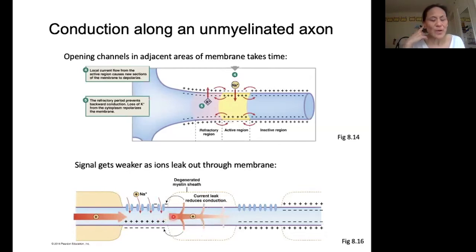So earlier when I said that an action potential stays the same size, that's not quite true. It degrades a little bit until it makes it to the next place where that signal gets regenerated. Okay, so that's what happens in an unmyelinated axon.